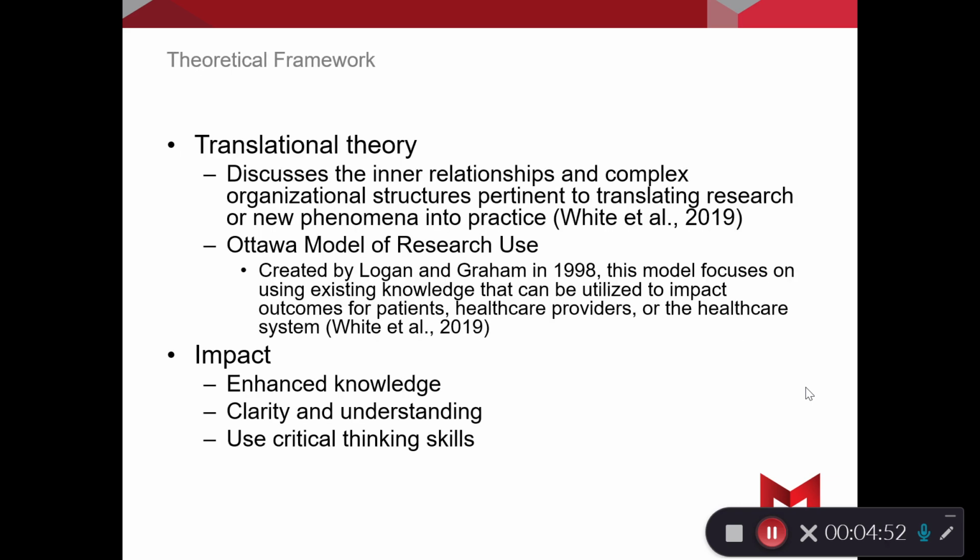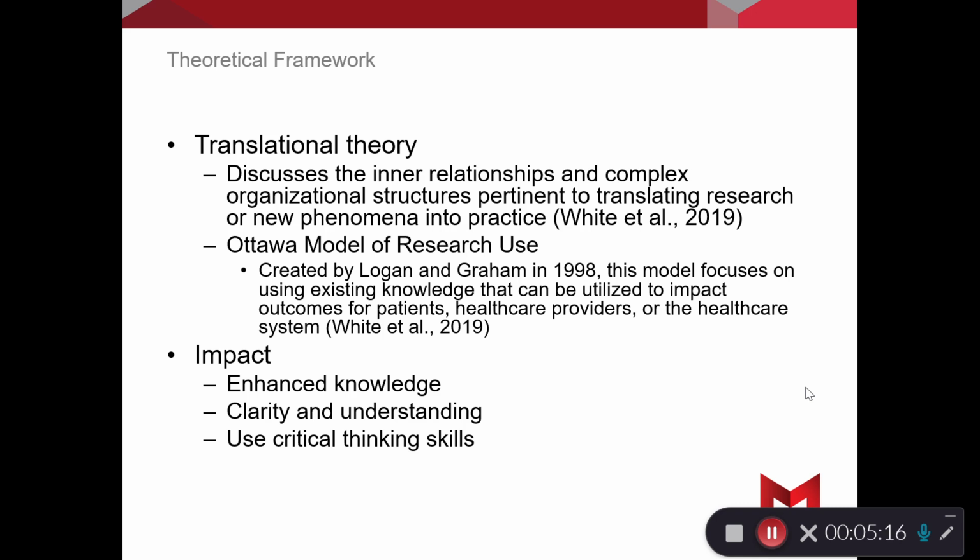So let's get into the theoretical framework. The theory that was utilized for this project was a translational theory. This theory discusses the interconnections and complex organization structures that are important when we want to translate evidence into practice.